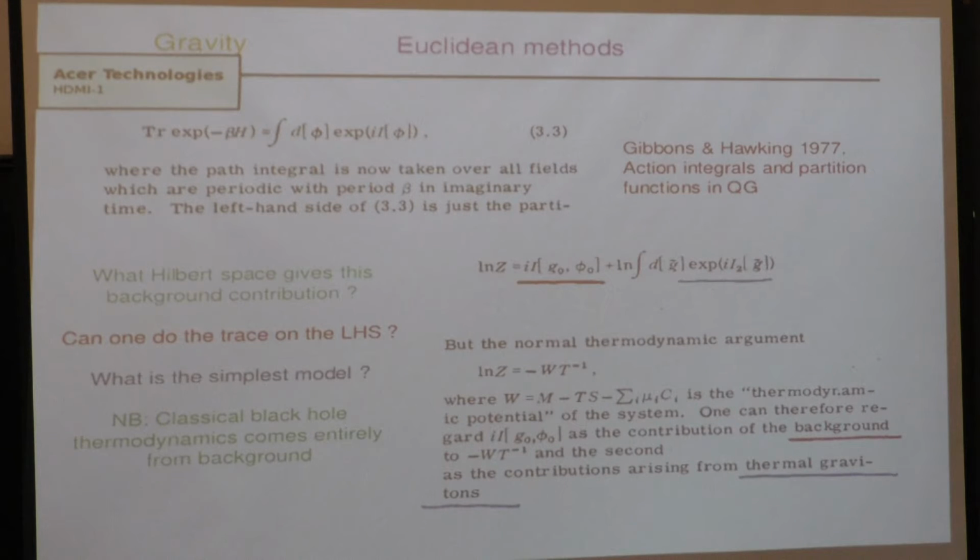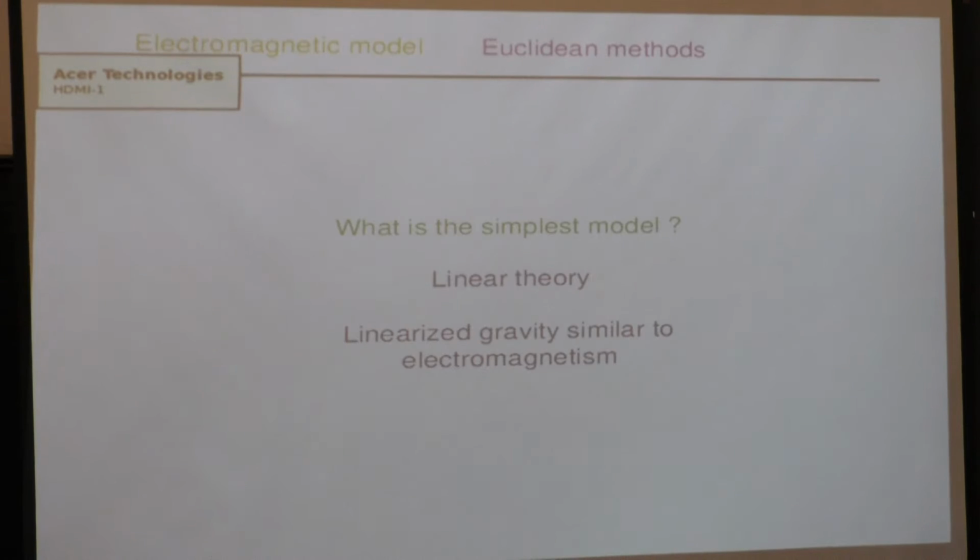So, of course, the simplest model is a linear theory, instead of doing this complicated nonlinear thing. And the linear theory I'm going to choose to do the computation is electromagnetism. Of course, you can complain and say this is much too easy and will tell you nothing about gravity.